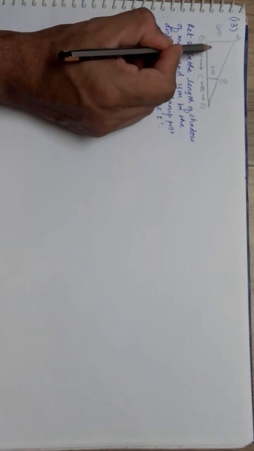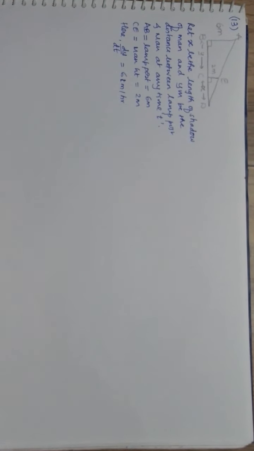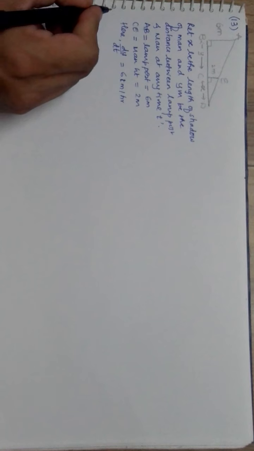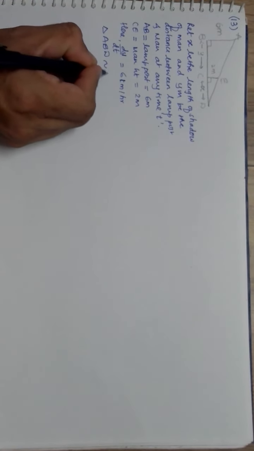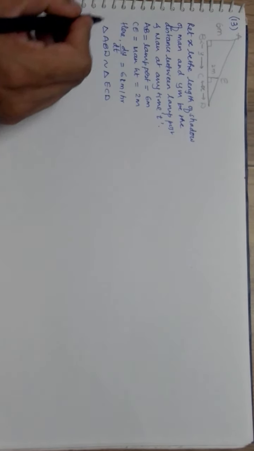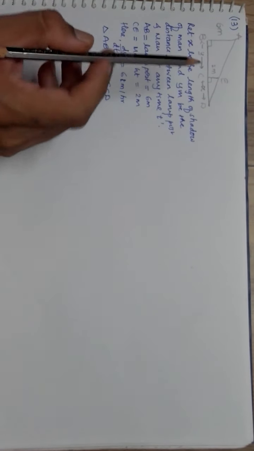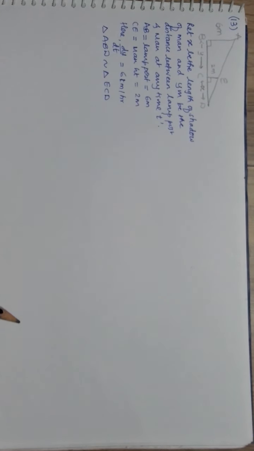I can see this is a right angle over here, and even here it is a right angle. The two triangles which I get over here, triangle ABD and triangle ECD, are similar. Why so? Going back to lower standards, this is a right angle and one angle is common, so obviously these two triangles are similar.